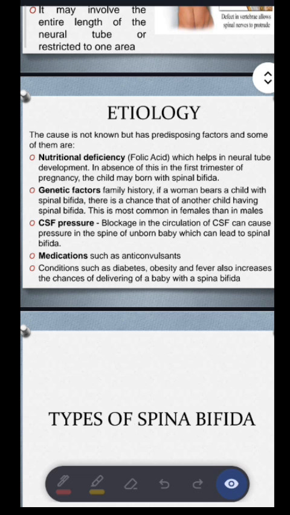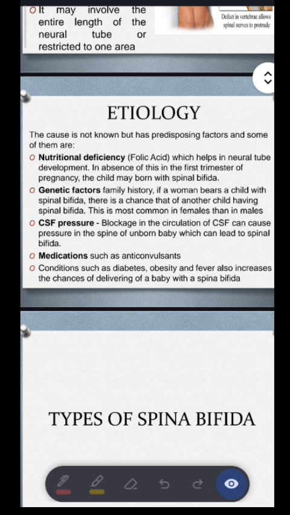Second is genetic factors. If a woman bears a child with spina bifida, there is a chance of another child having the same condition, and it is more common in females than in males.